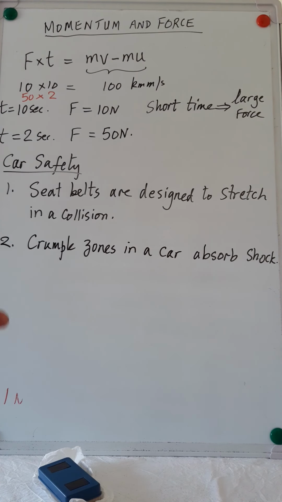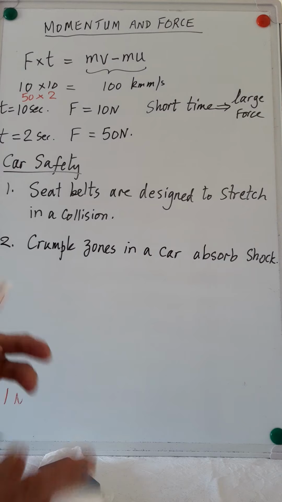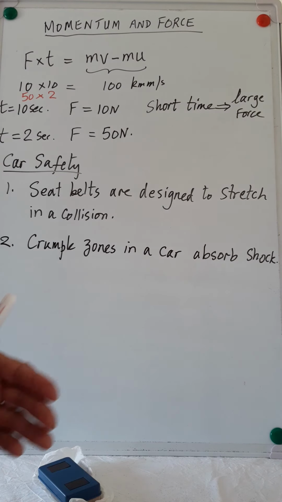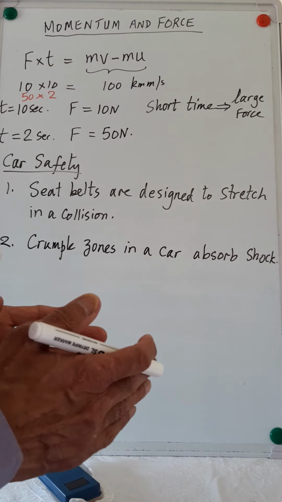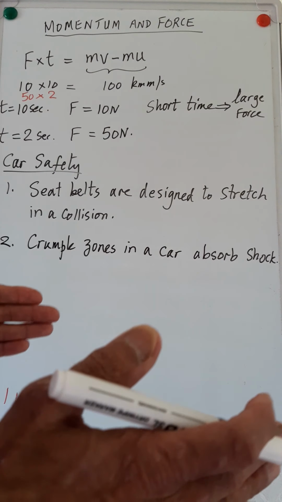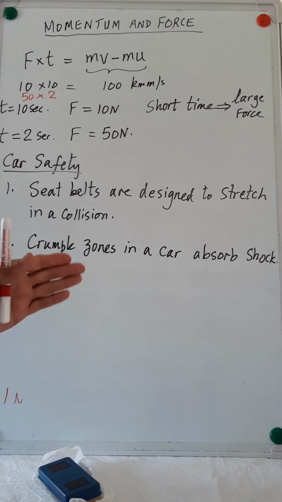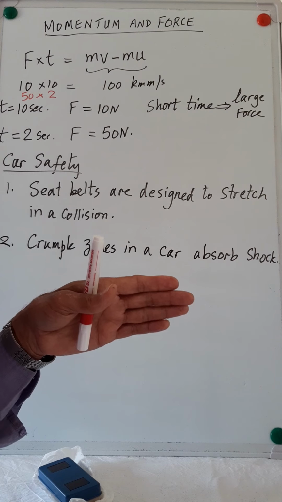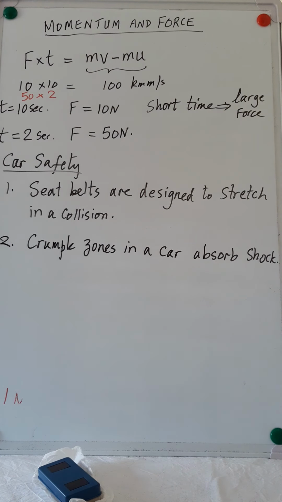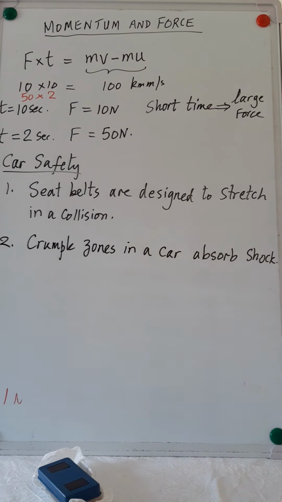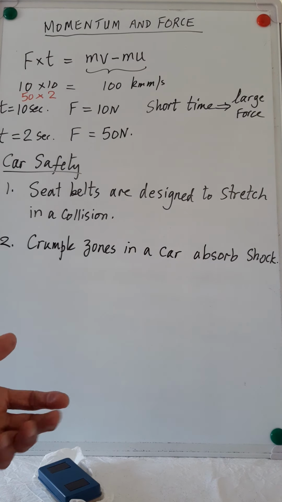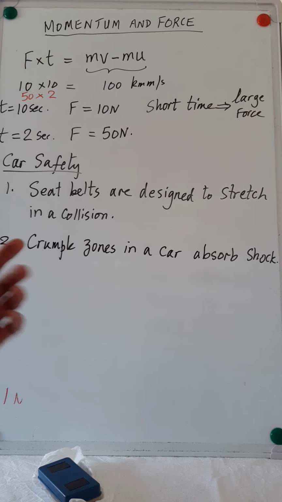The front of the car is designed so that in a collision, it collapses inwards, to make the time of collision longer, so the force acting on the driver will be less. This is what we mean by the crumple zone.